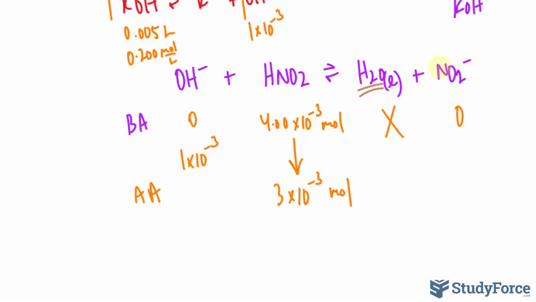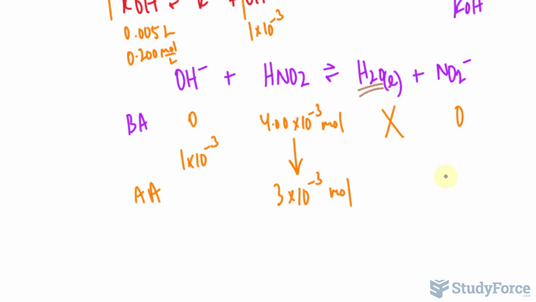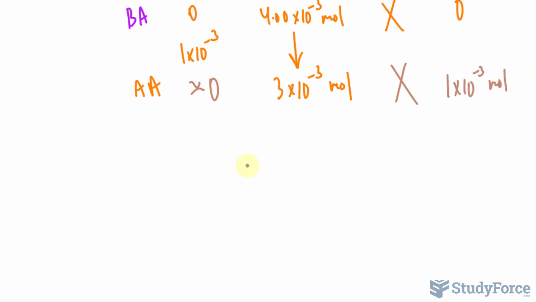And at the same time, this frees up NO2-. The amount of NO2- will be equivalent to the amount of hydroxide added, especially given the stoichiometric 1-to-1 ratio shown here. Once again, we ignore that, and over here, we can say that all of the OH- has disappeared, so approximately equal to 0. From here, we can use the Henderson-Hasselbalch equation to find the pH.